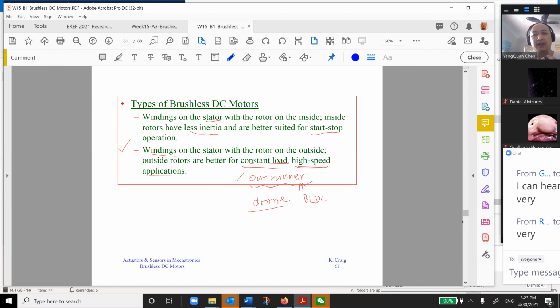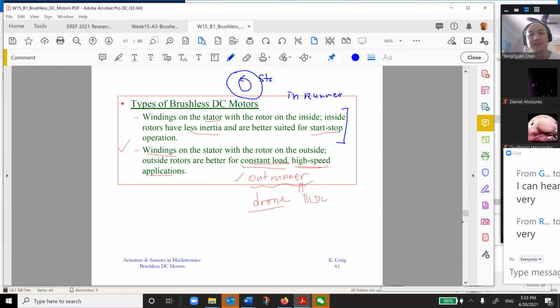This is called an inrunner. Basically you have the stator outside and the rotor inside, so this one will move.